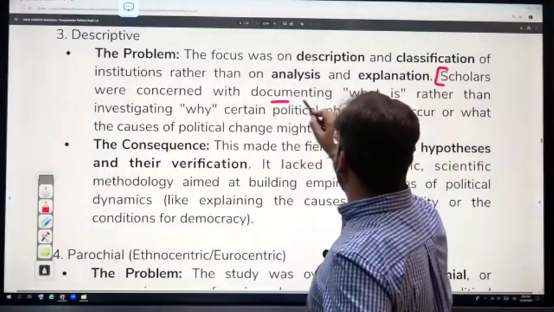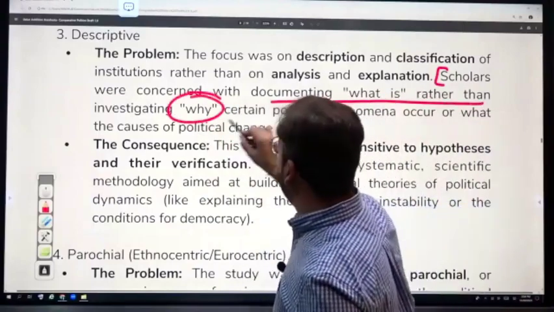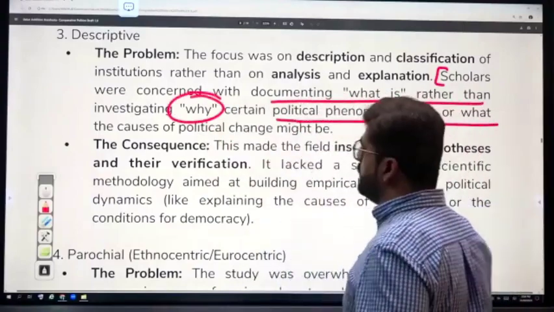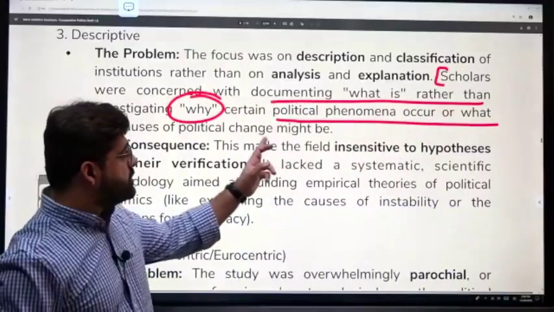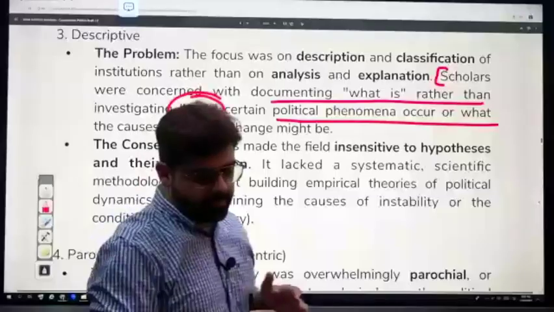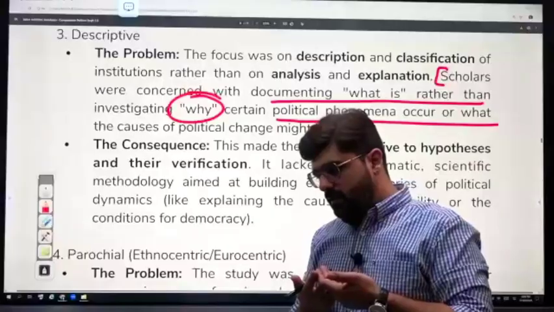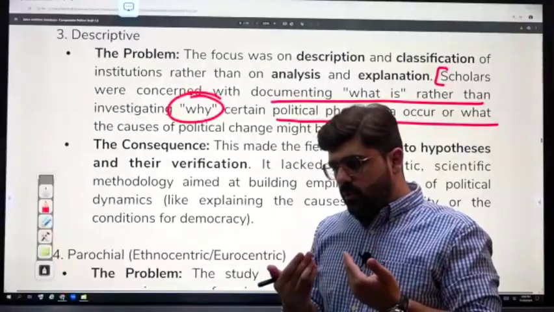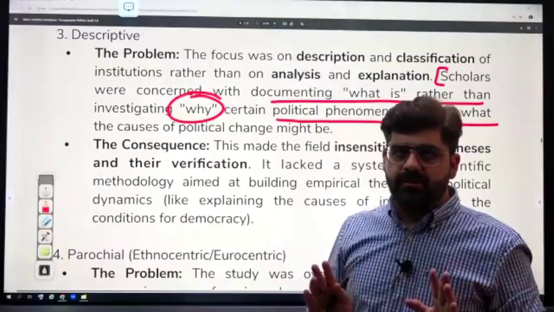Scholars were concerned with documenting what is rather than investigating why certain political phenomena occur and what the causes of the political change might be. So, what I am trying to do is understand again what does the system look like. The why of the system is not being discussed.